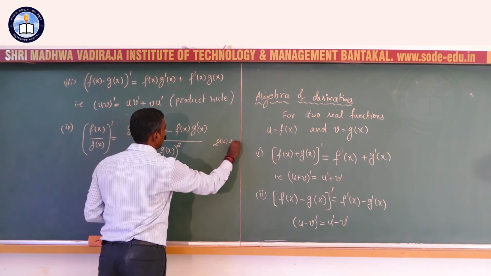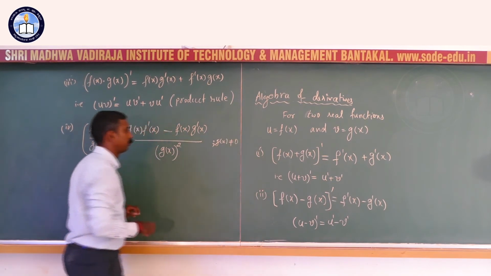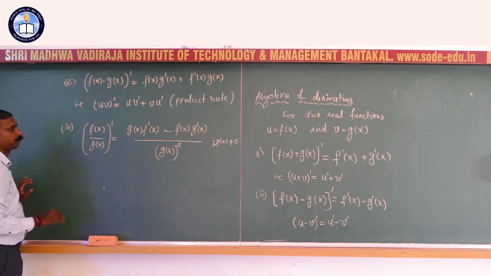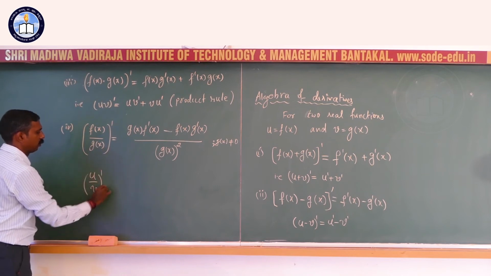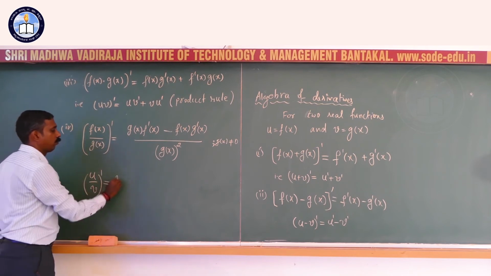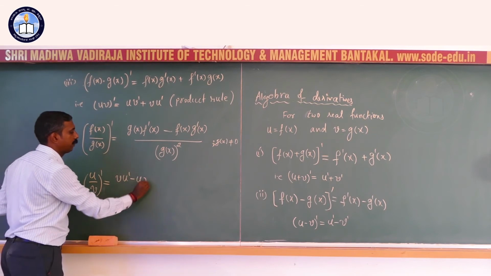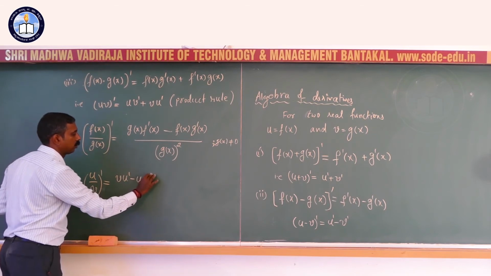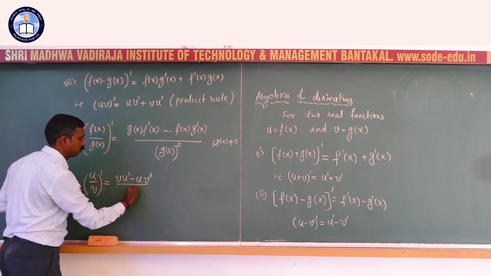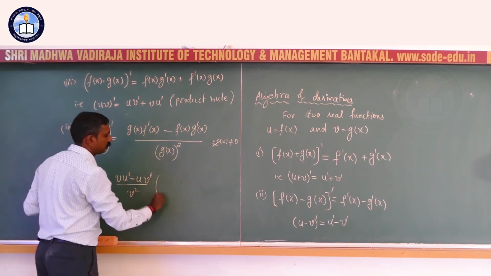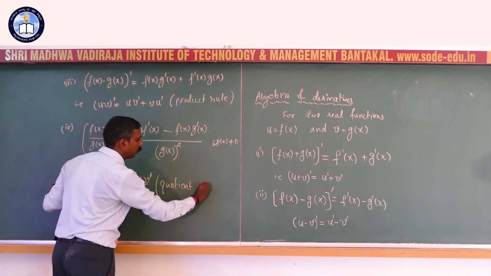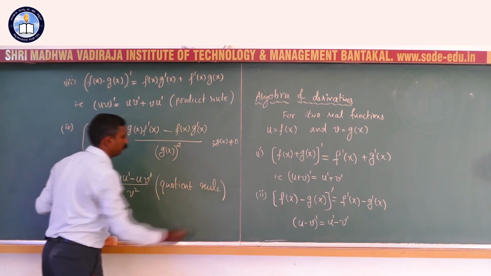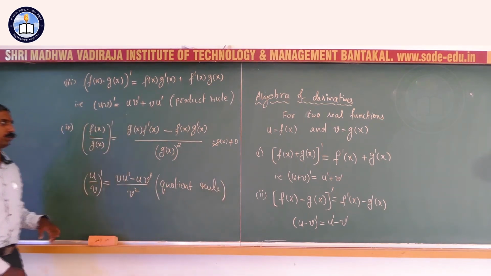You can write it as u by v whole dash is equal to v u dash minus u v dash divided by v square. This is known as the quotient rule.